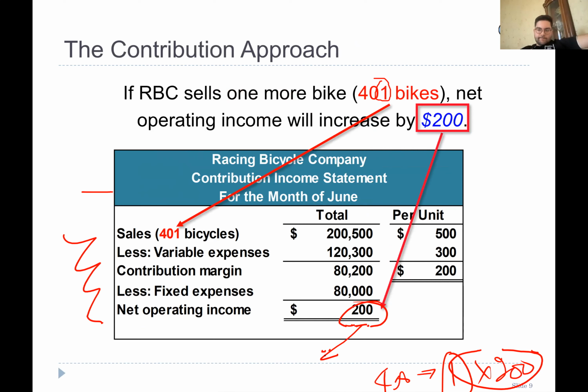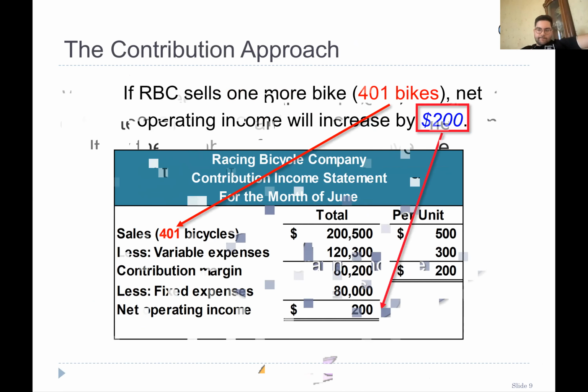Rather, they know that 400 is the break even, and above 400, whether we are selling 21 or 300 or 500, multiply by the contribution margin, that would be your net operating income. Simple. So that is the trick. This is how useful the contribution margin approach is, because your net operating income is at your fingertips.